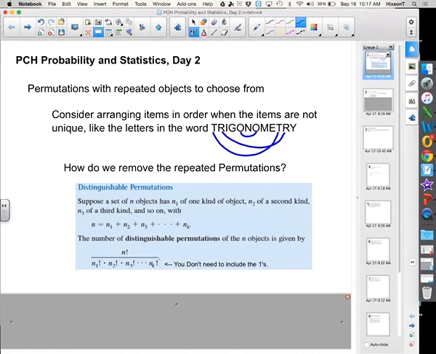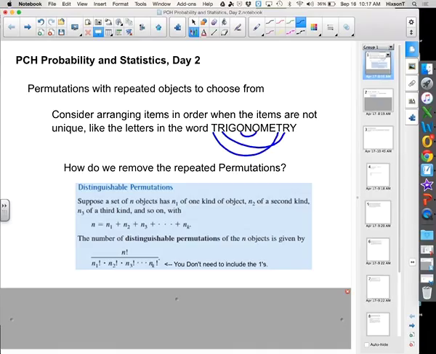So here's what we'll do. We have a set of n objects, and there are n1 of one kind of object, n2 of another kind, n3 of a third kind, and so on. In other words, we have these different sets of objects. In this case, we have letters.